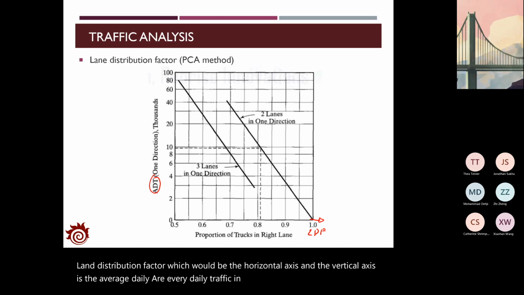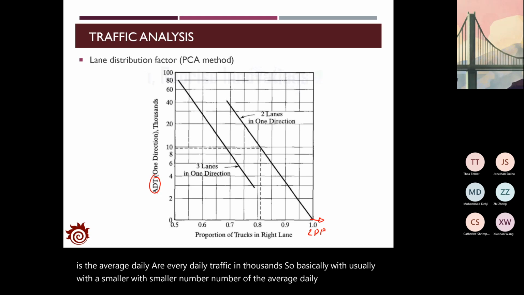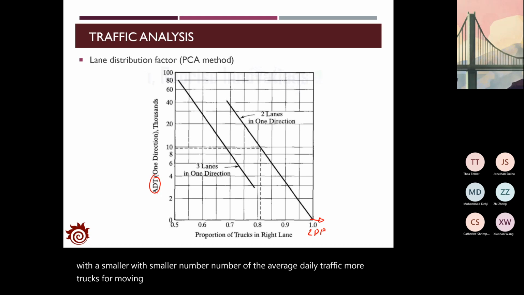So basically, with a smaller average daily traffic, more trucks move on the outer lane, and with a larger daily traffic, the road might be congested, so the trucks might move to the middle lane or even to the left lane. So that's the lane distribution factor.